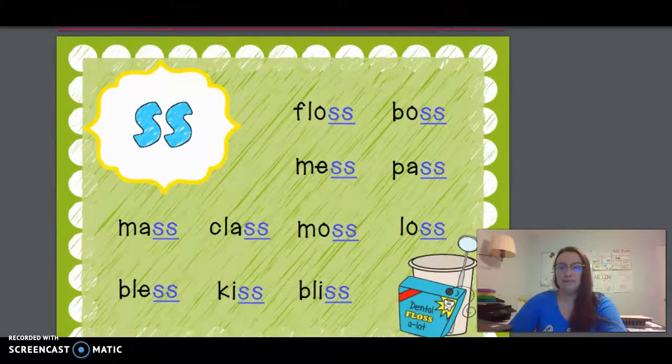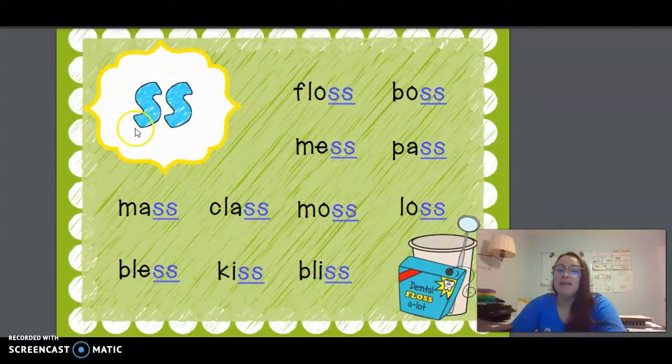Let's take a look at S now. We have our double S, so we have floss, boss, mess, pass, mass, class, moss, loss, bless, kiss, and bliss. So take a look for all those short vowels right in front of our double S.